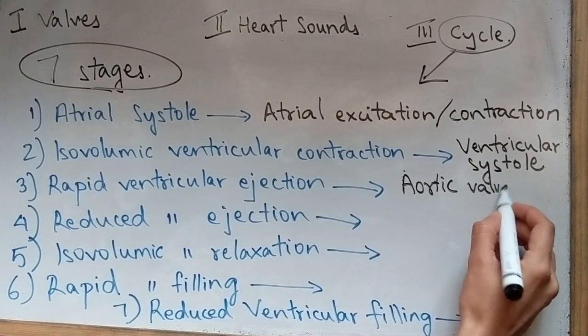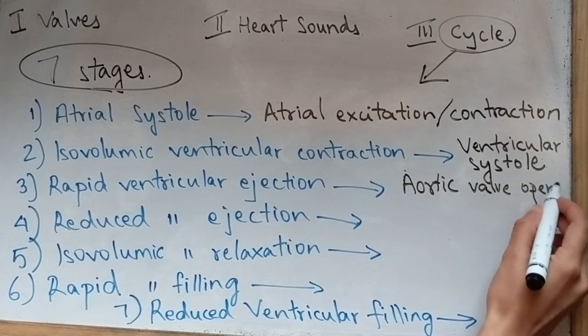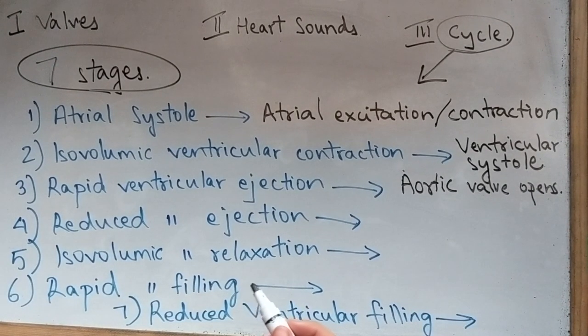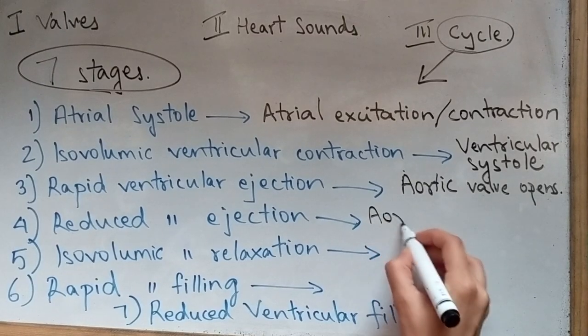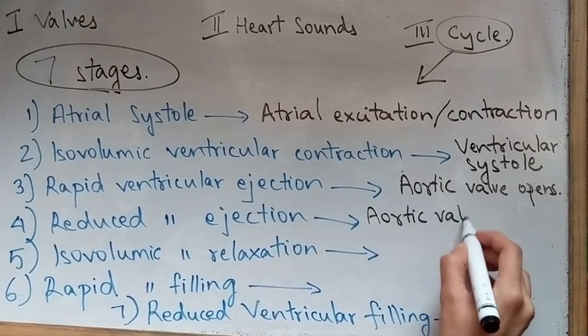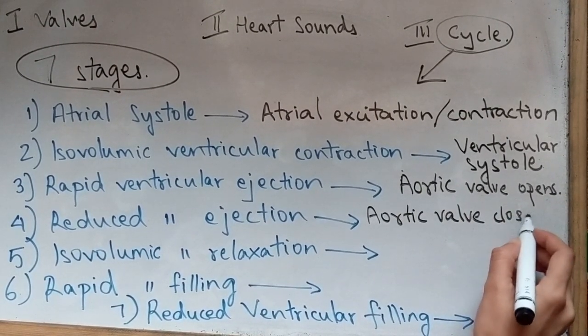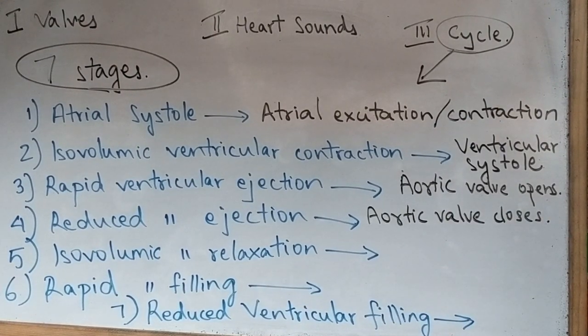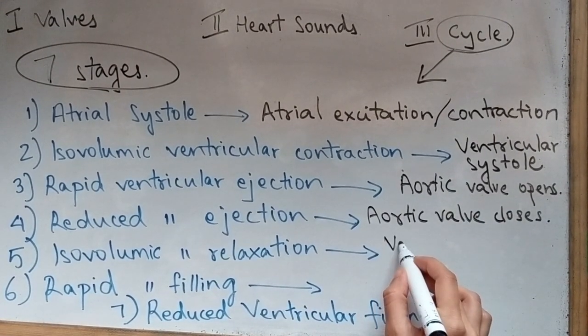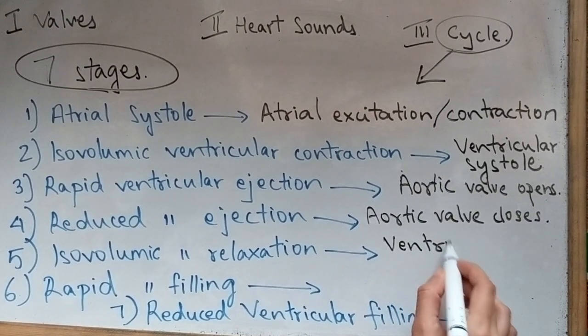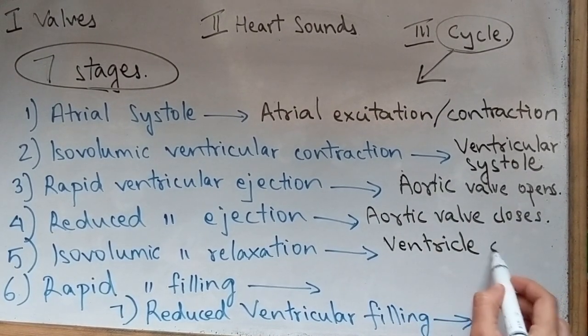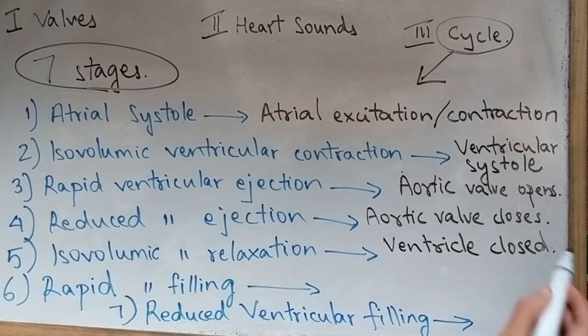The rapid ventricular ejection is when the aortic valve finally opens and blood gushes out at high velocity. Reduced would be when the aortic valve closes, so the velocity decreases. Isovolumic relaxation would be when the ventricle once again is a sealed vessel, so it forms a period of isovolumic relaxation.